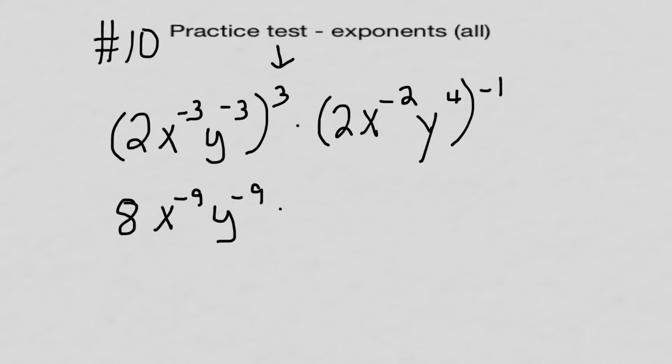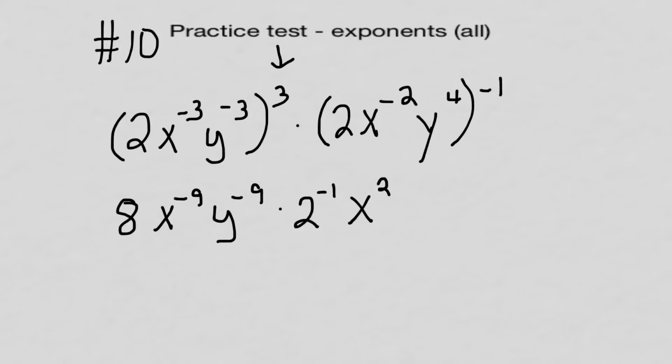Let's go over on the other side. I've got the 2's. I got 2, I got x to the negative 2, I've got y to the 4th, all that to the negative 1. So I'm going to take this one at a time. I've got 2 to the negative 1st. Now I got my x's. Negative 2 times negative 1 is going to give me x to the positive 2.